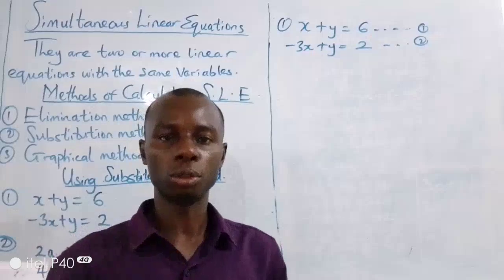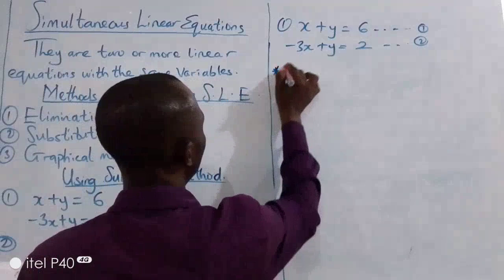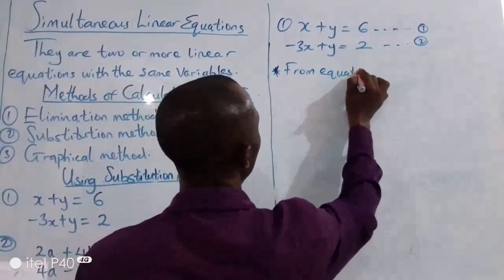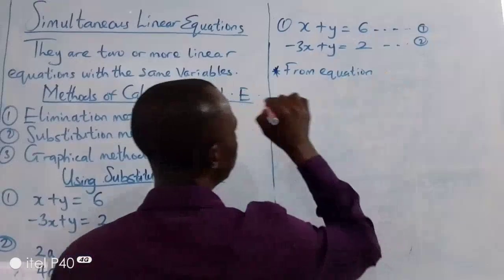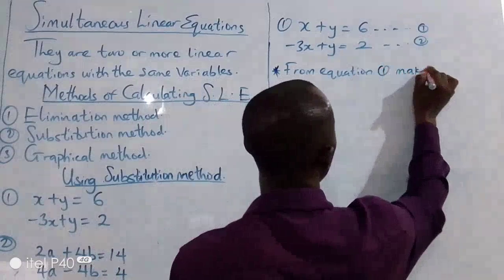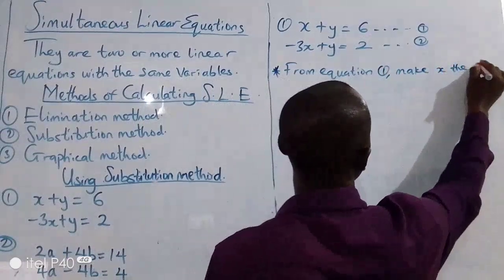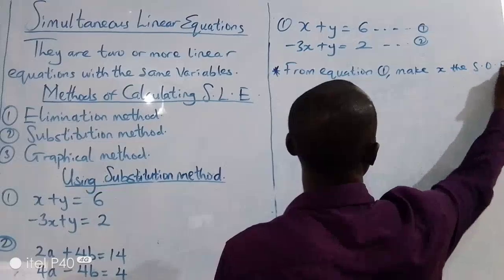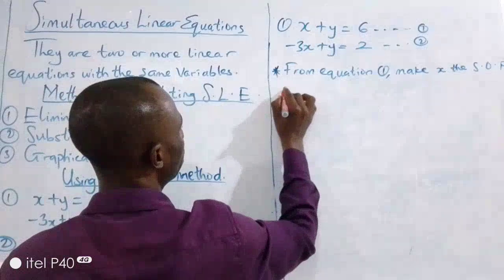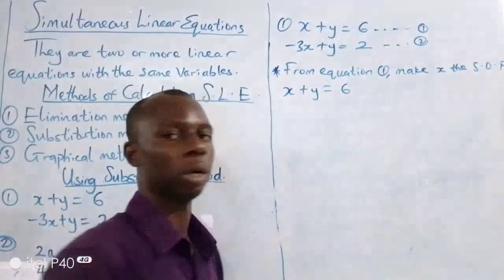So let's do that. From equation 1, make x the subject of the formula. We recall that our equation 1 is x plus y equals 6, is it not?